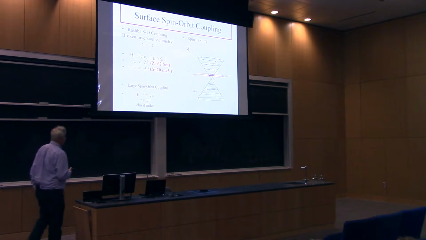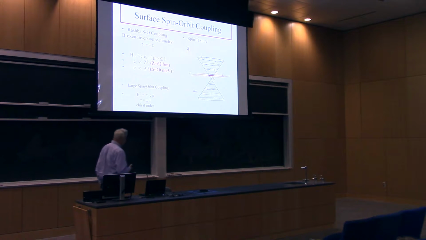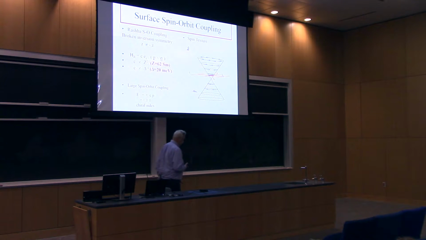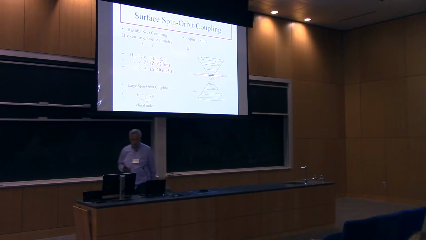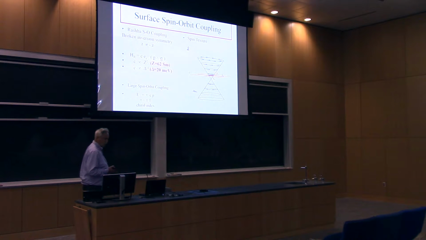This Rashba interaction has the effect of locking the momentum of the electrons to the spin, and gives you this circular pattern in momentum space of the direction. For the upper part of the cone, tau is +1, and for the lower part, tau is -1. The circulation is in the opposite direction.